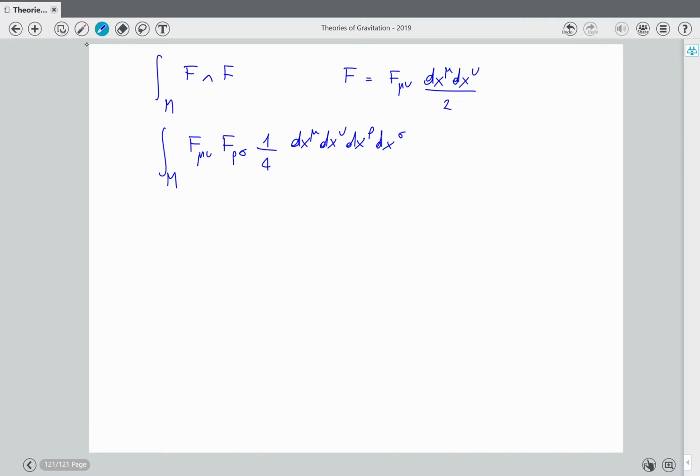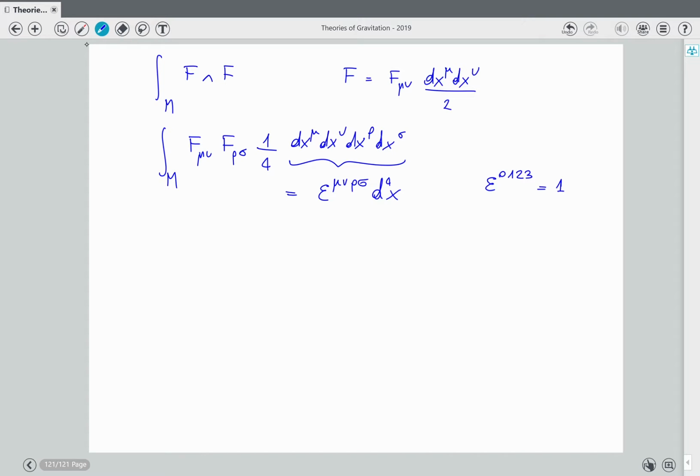This is a wedge of 4 differentials, and that is something you can replace, in the common notation, with the tensor epsilon mu nu rho sigma, which is such that epsilon 0, 1, 2, 3 is equal to 1, and it is completely anti-symmetric, apart from that, times d4x.